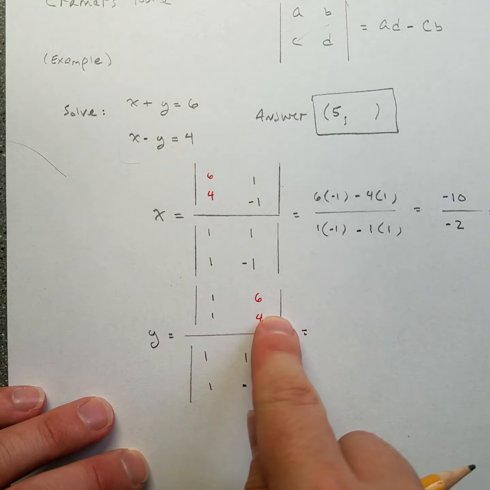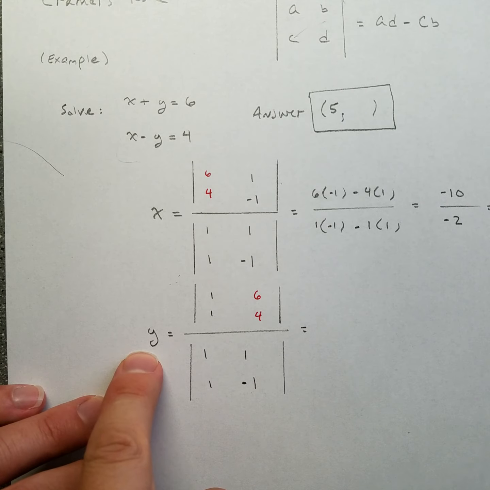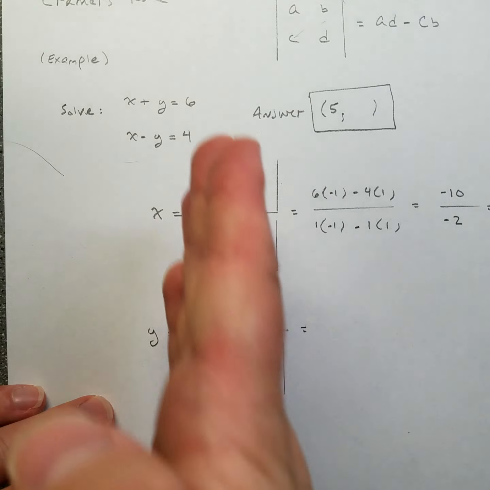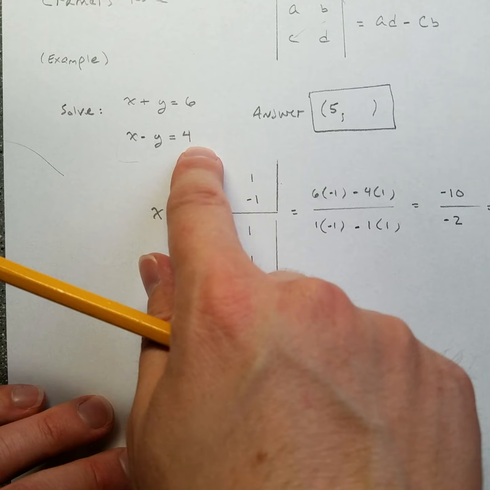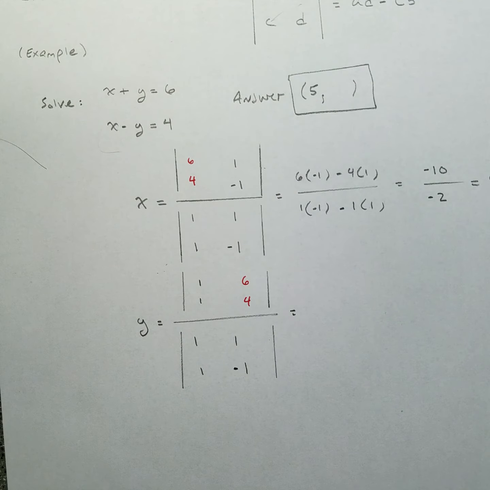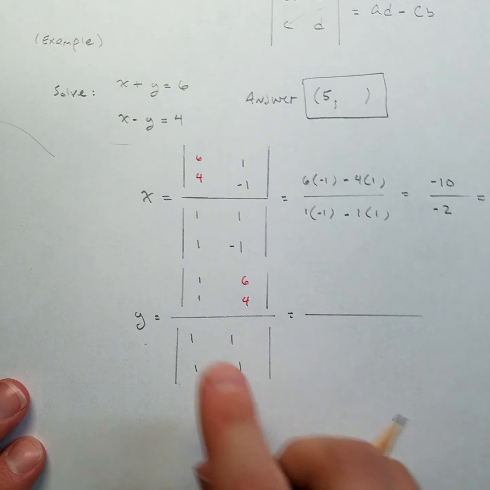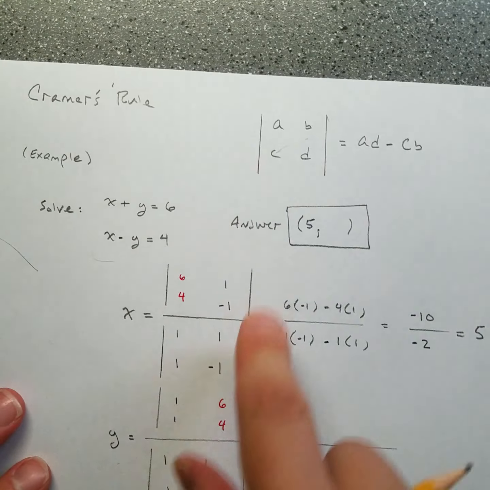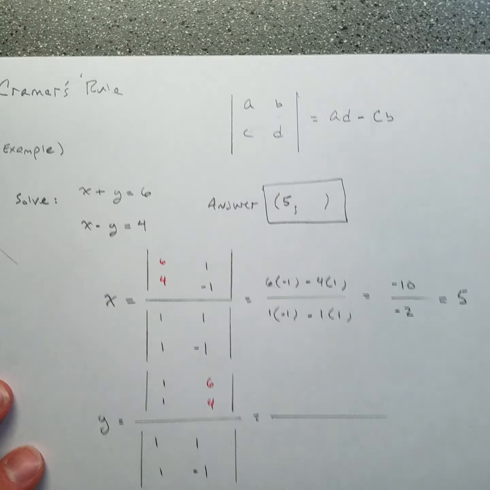All that top one is, it's going to be this one, but if you're solving for y, replace the second column, y is in the second spot, with these numbers, 6 and 4. Okay, that's what you do. I wrote that in red there, hoping that stands out. Anyway, so now how do you calculate the determinants? Well, multiply diagonally this way and that way, and then subtract.